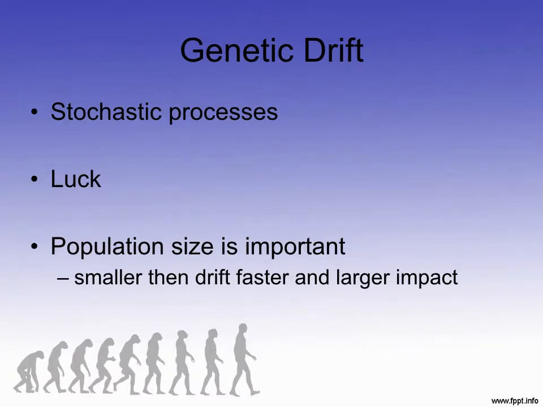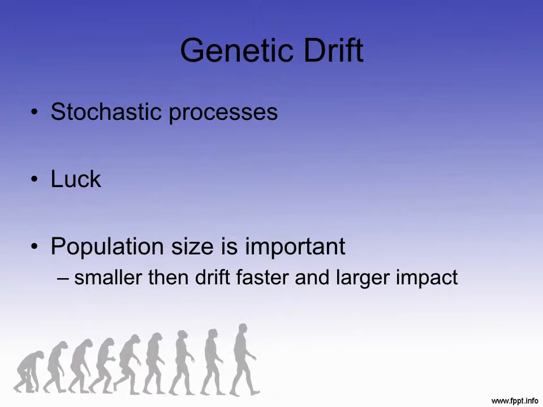The force of genetic drift can often be a difficult one to explain and get a handle on, but genetic drift is simply a random stochastic process, almost meaning random luck, where you have fluctuations in the frequency of alleles or frequency of particular traits in a population simply because of random happenings.